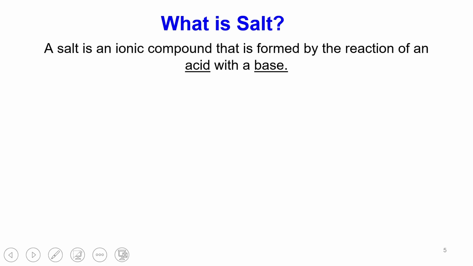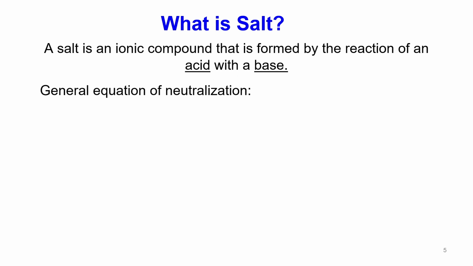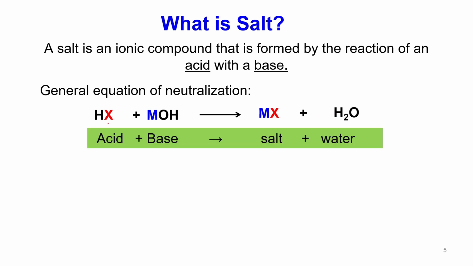So salt is an ionic compound that is formed by the reaction of an acid with a base. Garam merupakan sebatan ionik yang terhasil daripada tindak balas asid dan juga base. So the general equation untuk neutralization is HX plus MOH produce MX dan juga H2O. HX is our acid and MOH is our base.